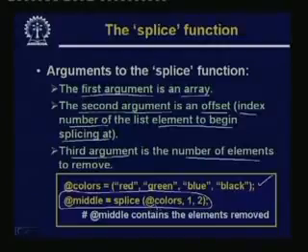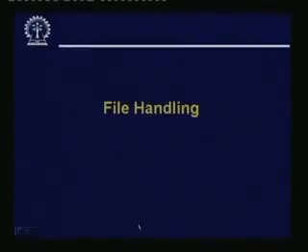This command will remove 2 elements starting from index 1. 0, 1, the element at index 1 is green, so green and blue, these 2 elements will be removed from the array colors. If you assign the result to some other array, middle, then middle will contain the list of the elements removed, in this case green and blue, right. So, this is what splice does.